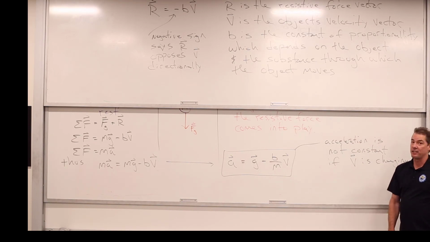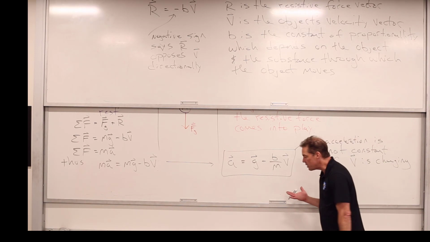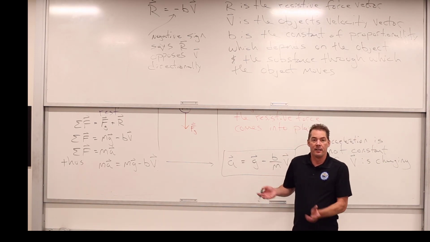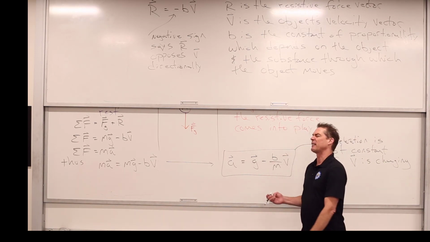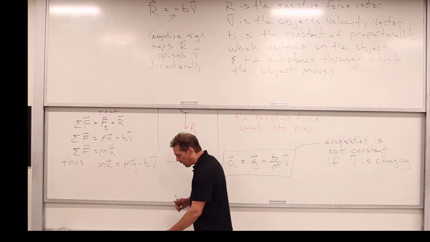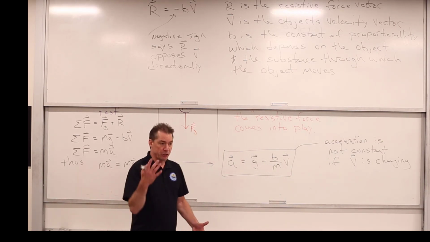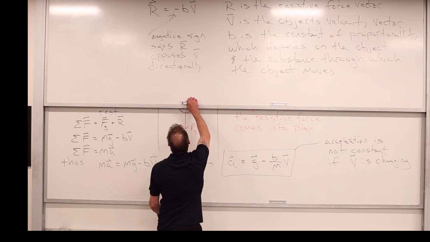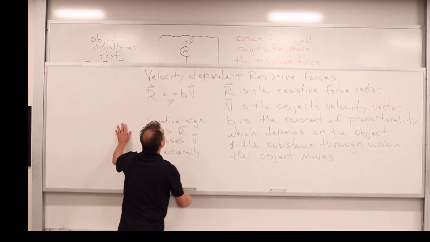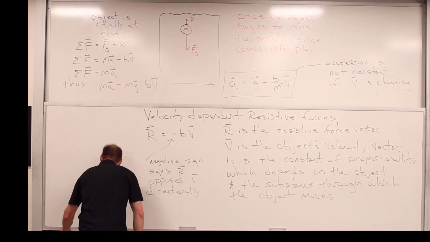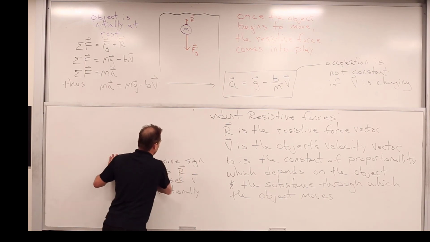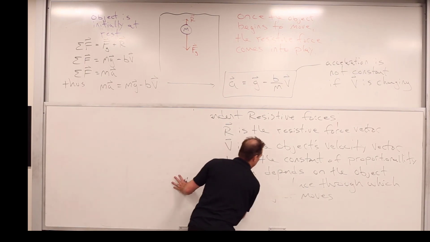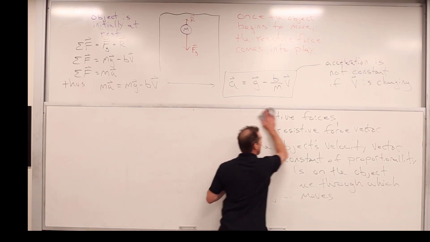So we can't utilize equations of motion for constant acceleration because they don't apply to this case. What we can do is still go back and look at the explicit definition of acceleration itself. So let us do that. Acceleration by definition is the rate at which velocity changes with respect to time.